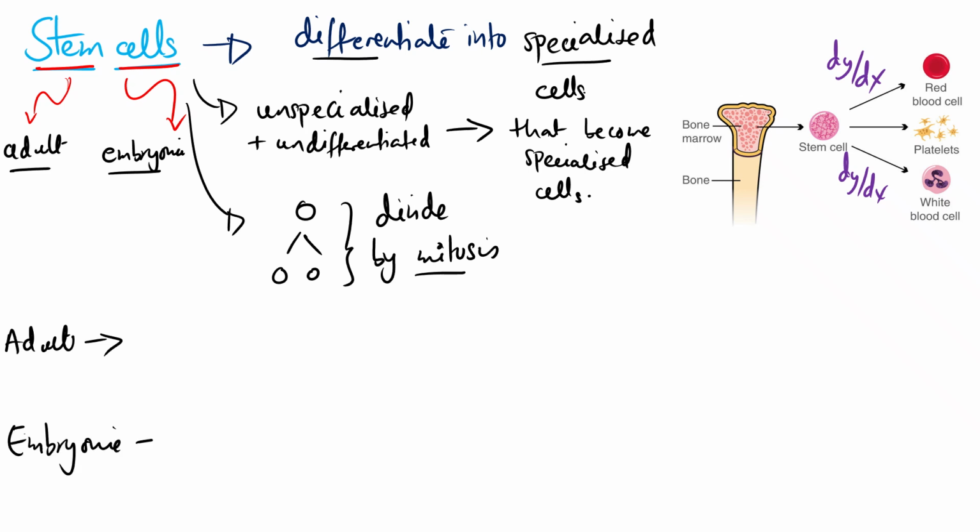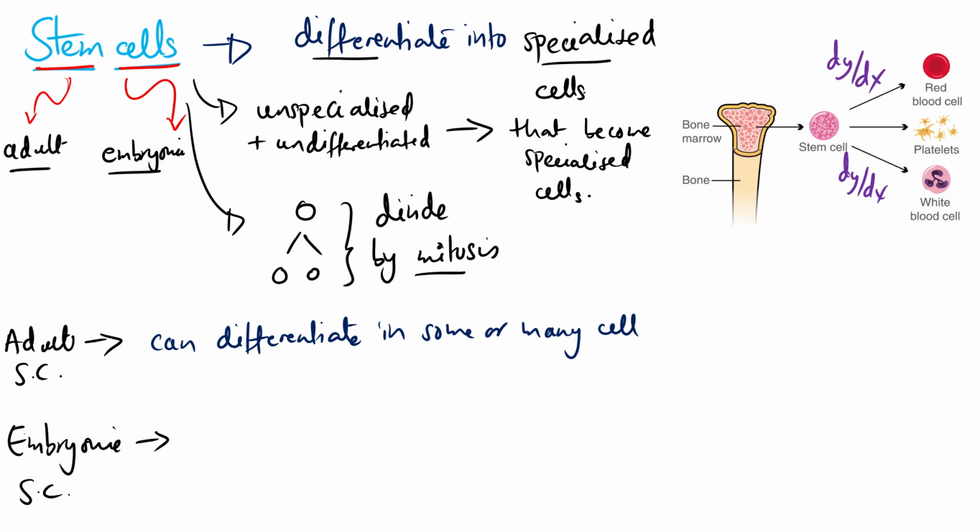So it's important you know the differences. So adult stem cells, I write SC for short, stem cells. Adult stem cells can differentiate into some or many cell types. So it can give rise to like limited options. So you regard it as being limited.